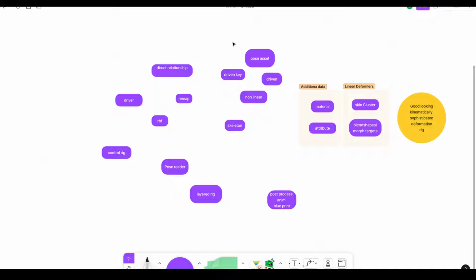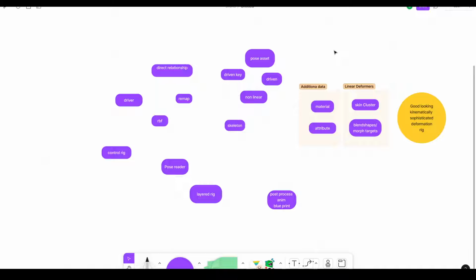But in order to improve the deformation quality of your character, and not just the deformation but in general the behavior, you probably want to have something a little bit more complex and establish more relationships than the ones strictly, directly correlated to the control rig.